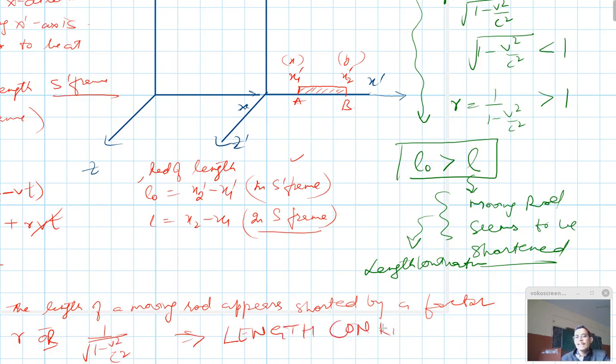This is a very interesting consequence of the special theory of relativity.